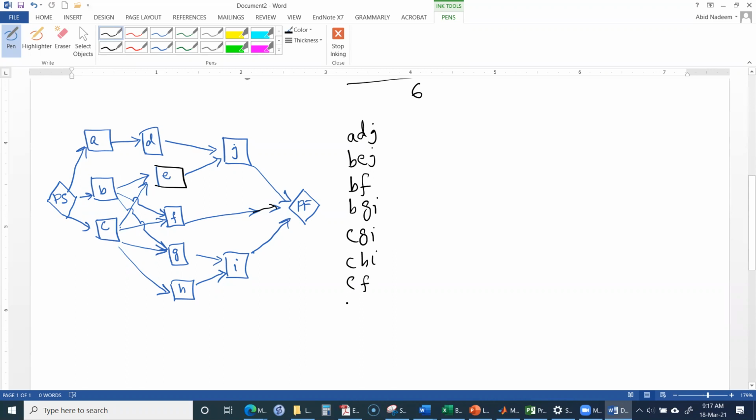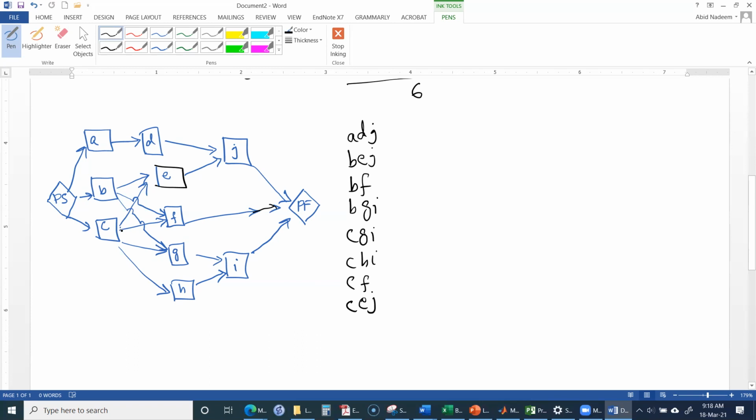And CEJ is another path, okay? Anything I'm missing? So for example, A, there is only one path, ADJ. B, there are three paths, so BEJ and BF and BGI, okay? So for B, there are three paths.